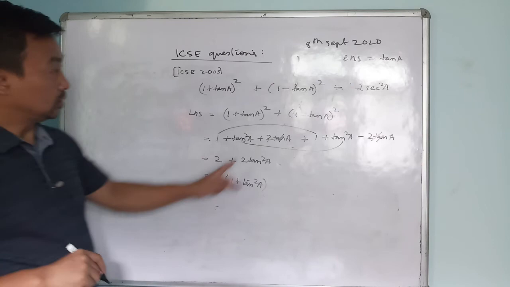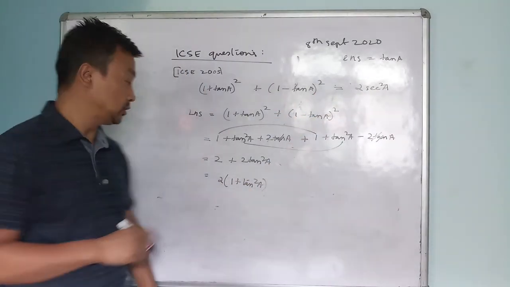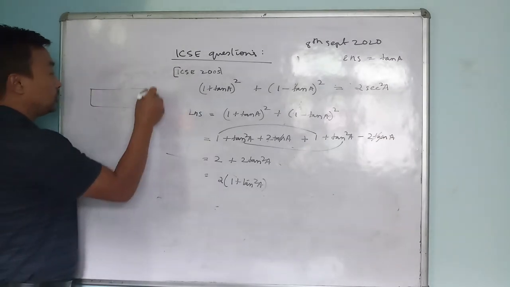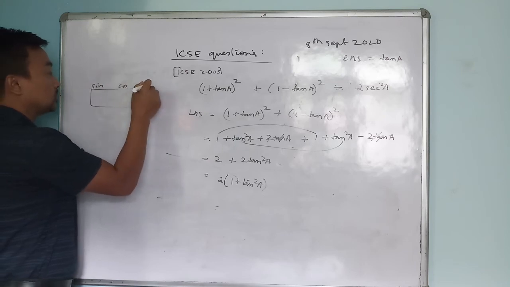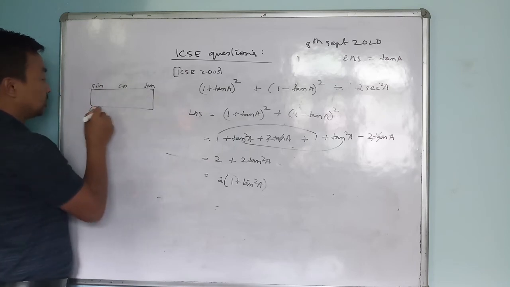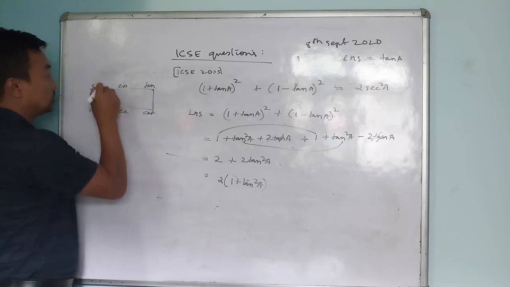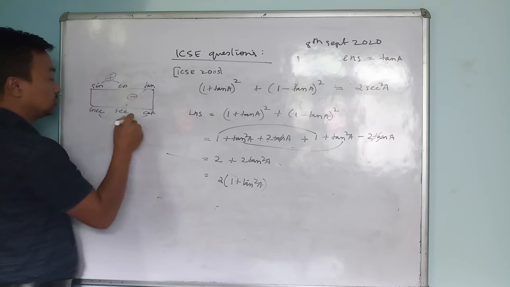Now we got the 2, and in the bracket 1 plus tan square A is, if you go to that table, last time we were doing this: sine, cos, tan, cosec, sec and cot. These two was plus, these two was minus, these two was also minus.